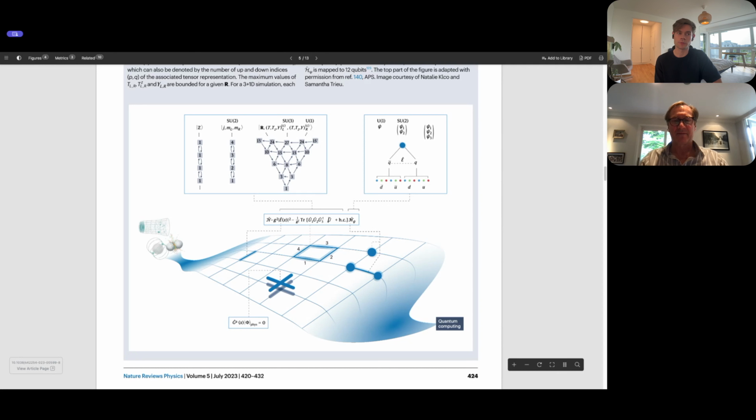Is that some form of error correction, or are you talking about something else? Yeah, so yes, at the heart of it, it's an error correction. There are constraints in the theories that we're looking to simulate. Electromagnetism is relatively easy, but there are also non-abelian theories where the charges are combined in quite non-trivial ways, and one has to check that they combine in the right way.